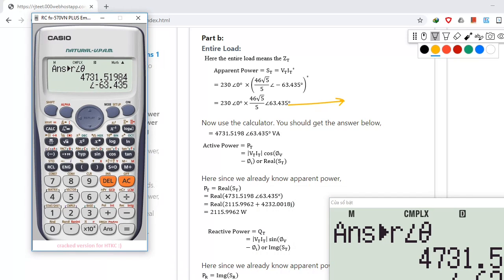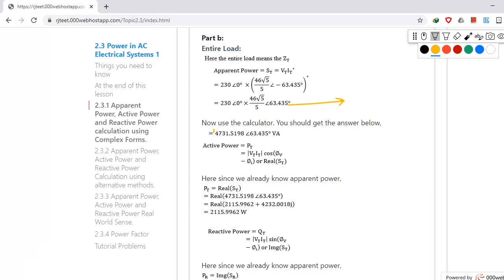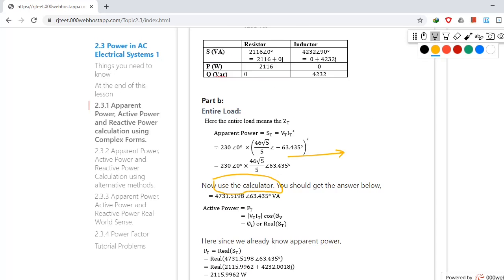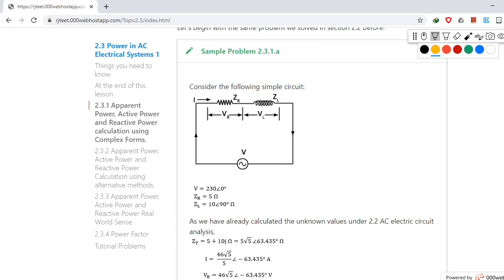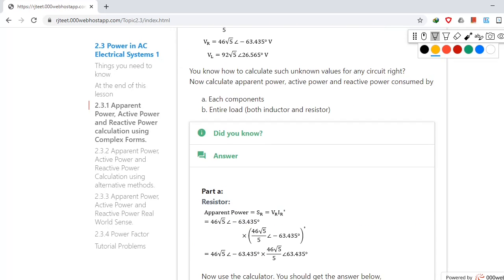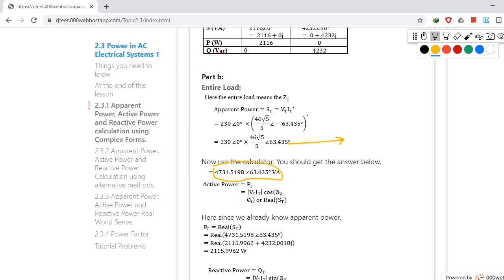So the final answer is this value, 4731.5198 is the magnitude, and the argument is 63.435 degrees. This is the apparent power. If I consider this entire thing as a single load, the apparent power it's consuming is exactly this much.